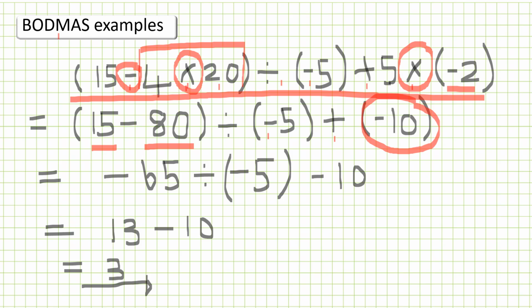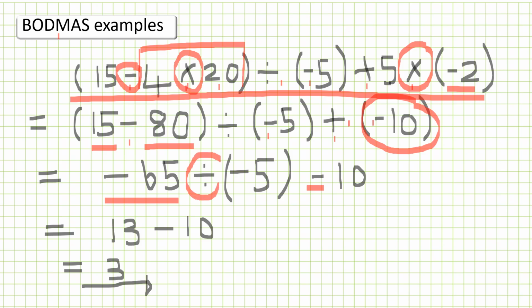Then what I did was I solved for this bracket. 15 minus 80 is minus 65. Divide by minus 5, minus 10. A plus minus 10 results in a minus. So now what we need to do is division.